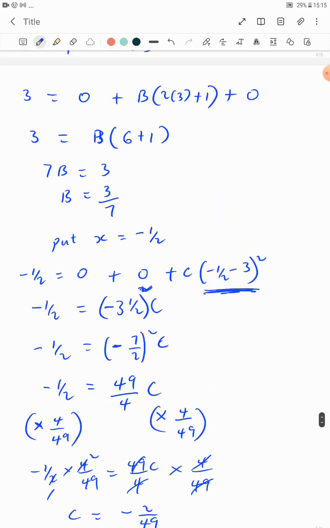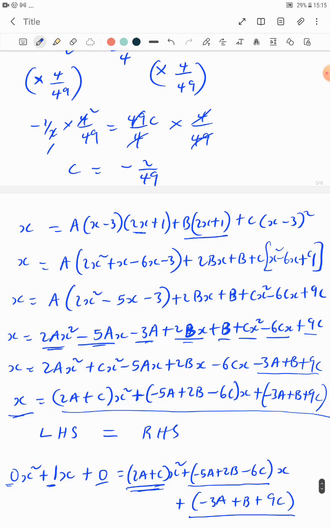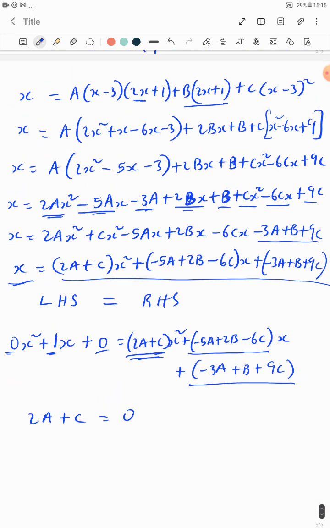We already have our c and we have our b. It's a that we are looking for. So the one that I think is the easiest to use here is for us to just use this: 2a plus c equals the coefficient of x squared, which is what? 0. So that's very simple to use. And we know that our c is minus 2 over 49.